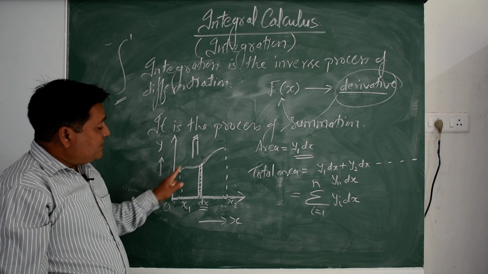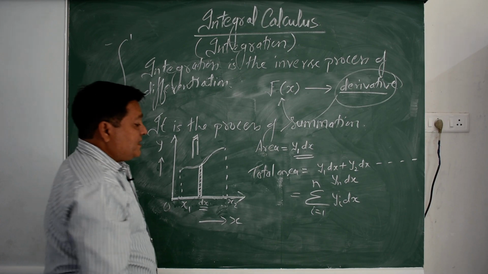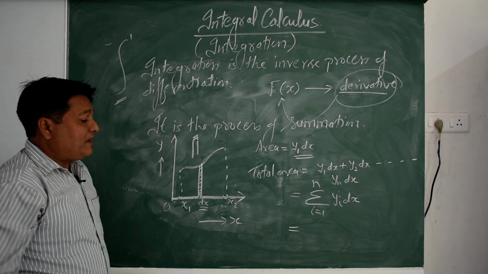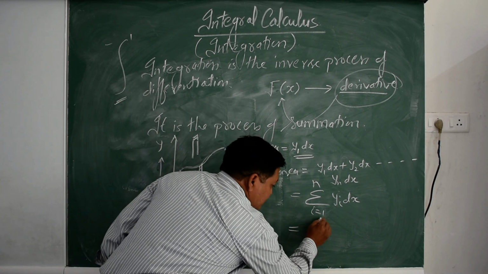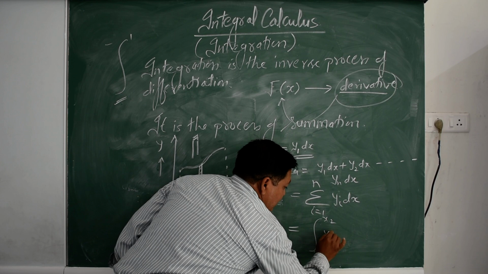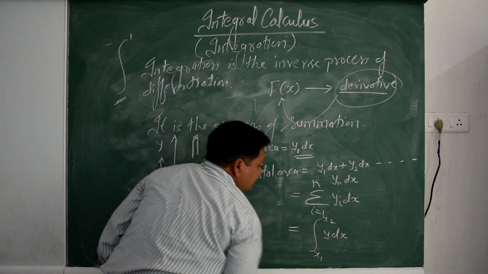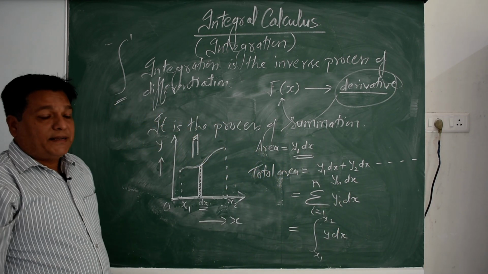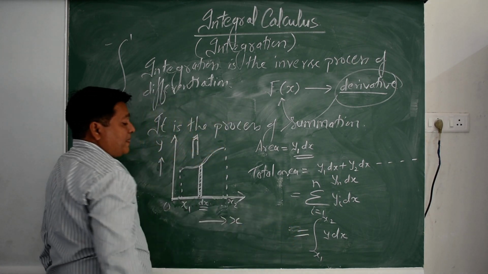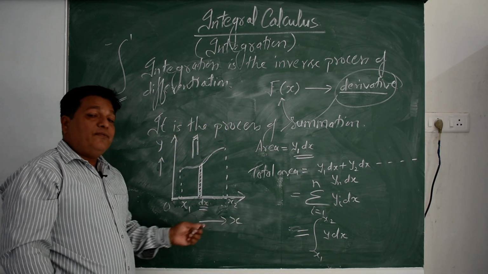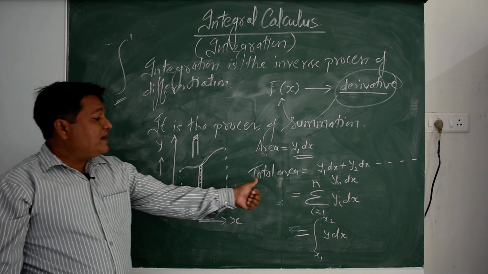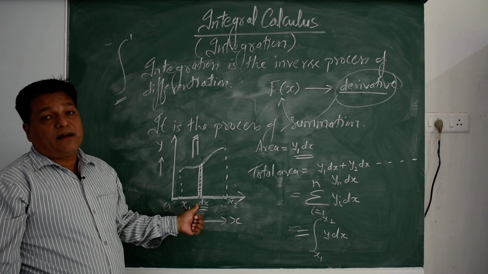In order to overcome this, we determine the total area in this graph using the integration process: integration from x1 to x2 of y dx. By integrating from x1 to x2, we add all the areas from x1 to x2 and get the total area under this graph.